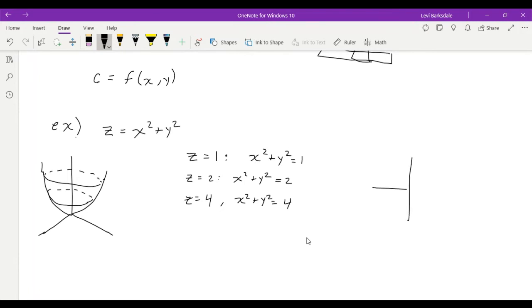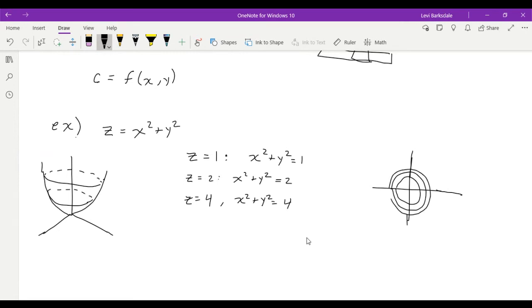And if we plotted all of these out just on one flat 2D plane, well, here would be our circle for z is equal to 1. Here z is equal to 2. Here z is equal to 3.